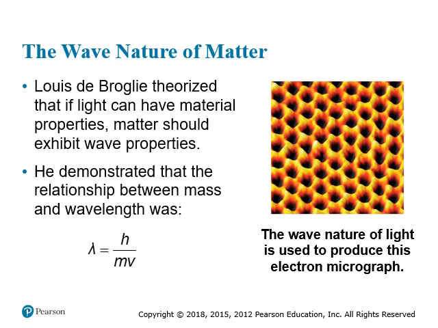Well, if waves can behave like matter, then why can matter not behave like waves? A French scientist by the name of Louis de Broglie theorized that if light can indeed possess properties of matter, then matter should be able to do the same.